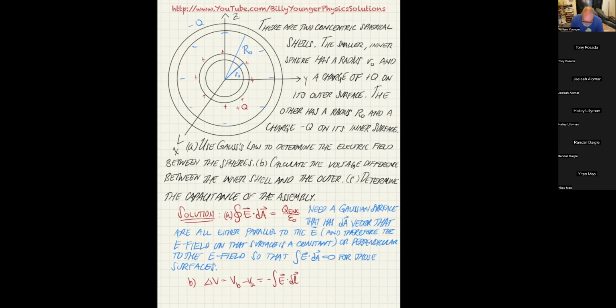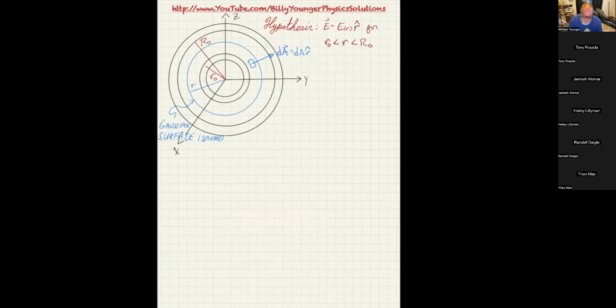And then part C, we use C equals Q over V to calculate the capacitance. So that's where we're going with this. On the next page, I've already drawn a Gaussian surface. It's a sphere, so you can see it. And I've drawn it at radius R, which you can see by my hypothesis.